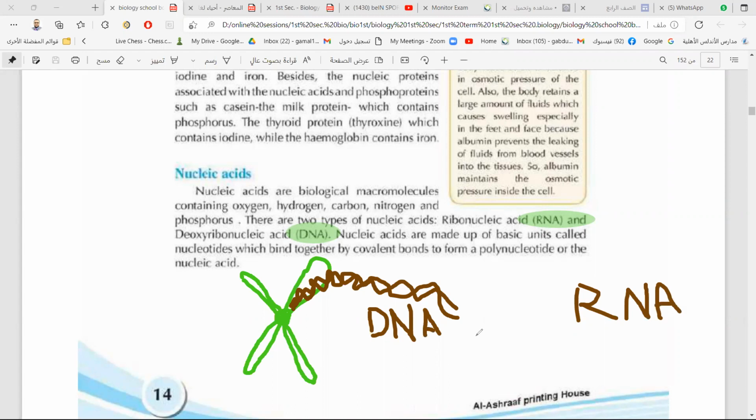We'll study the difference between DNA and RNA. This is deoxy and this is ribo. In ribose sugar the number of oxygen atoms is complete. In deoxyribonucleic acid, there is a lack of one oxygen atom in the ribose sugar, so it is called deoxyribonucleic acid.